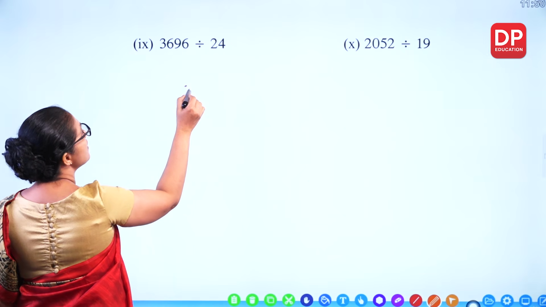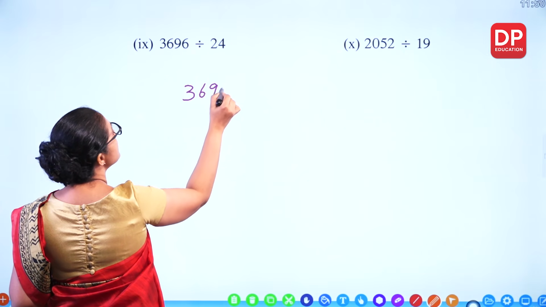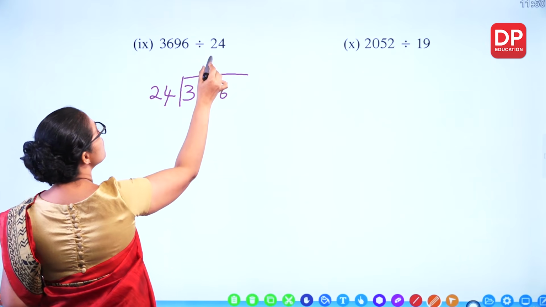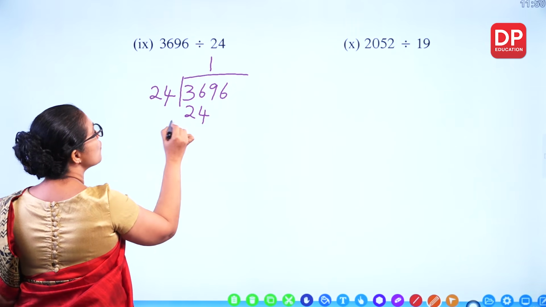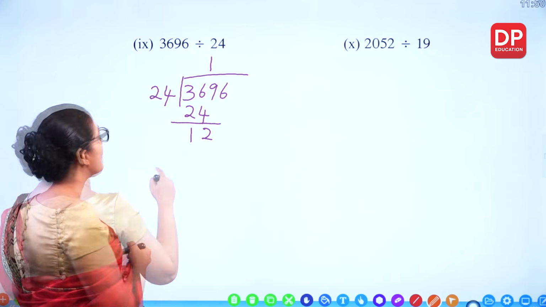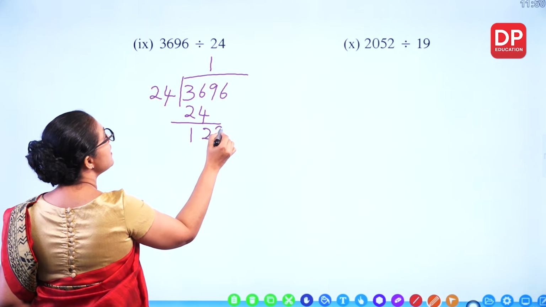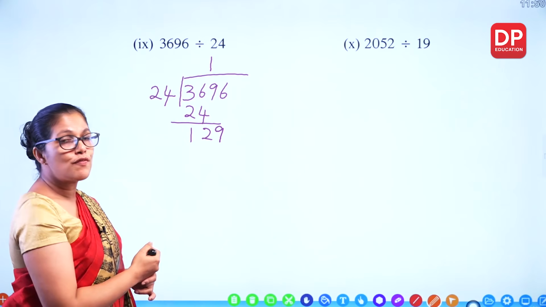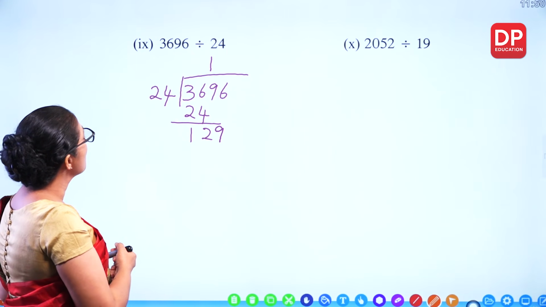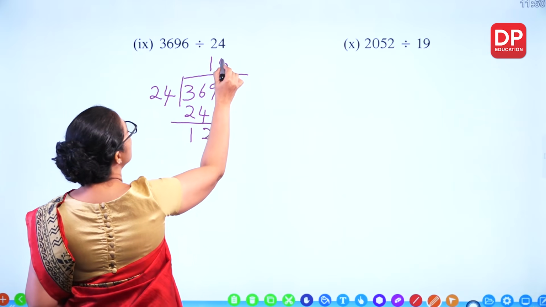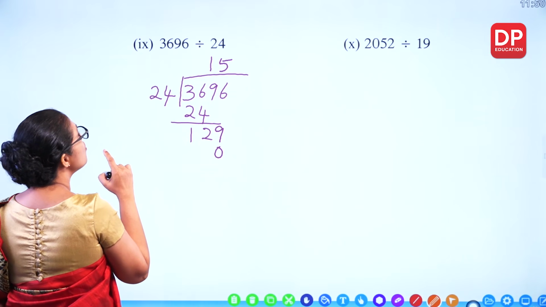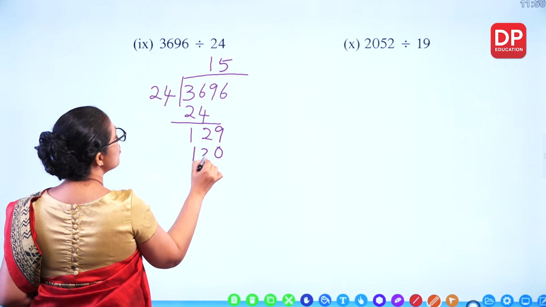This one, 3696 divided by 24. That's 1 here. So you get 24. Subtract, you get remainder 12. For 129, how many 24s are there? 5. 5 times 4, 20. 2 remaining. 5 times 2, 10 plus 2, 12.